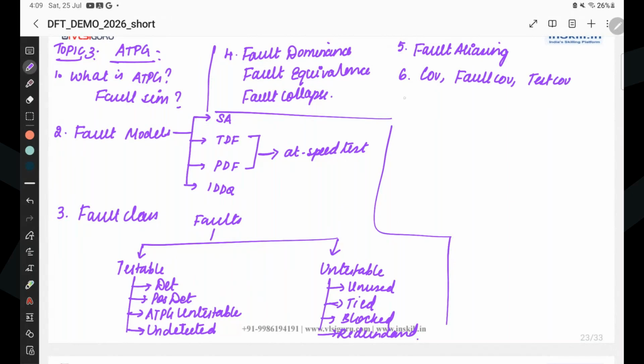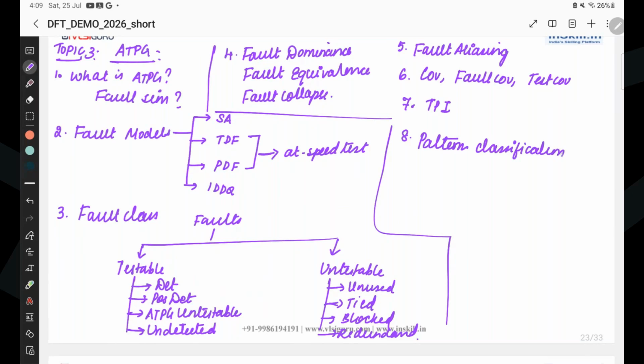We will understand pattern classification: how are the patterns classified? Serial pattern, parallel pattern, chain pattern, capture pattern, Verilog style, wiggle. Like that, pattern classifications we will understand.